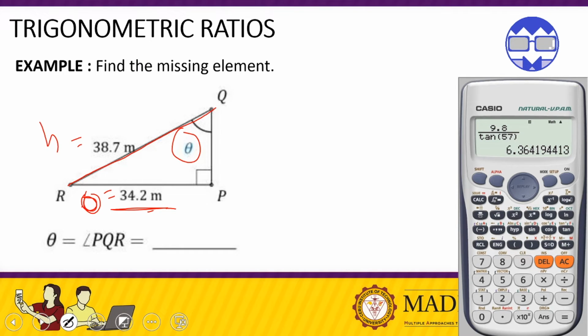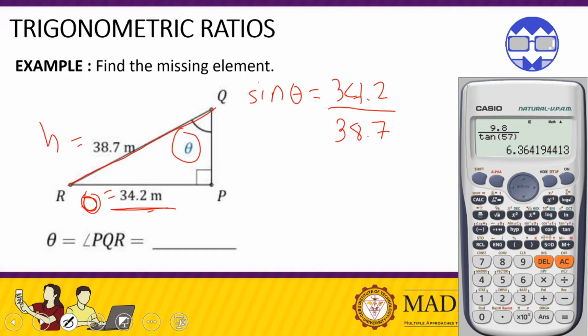Because we have O and H, we can use from our SOHCAHTOA the SO, which is sine. So we have sine theta equals opposite, which is 34.2 over 38.7.